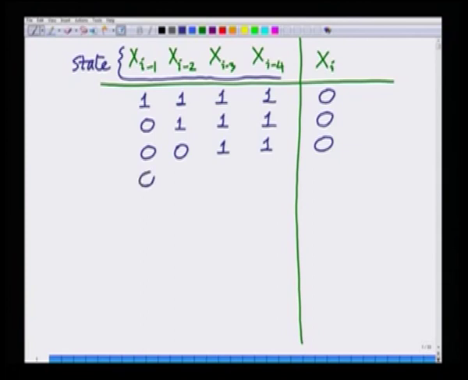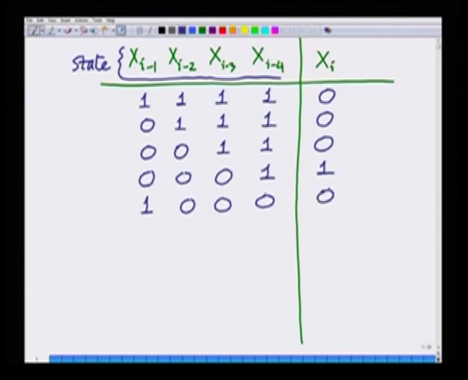The next state is 0, 0, 0, 1, and xi is now 1 XOR with 0. So, xi is 1. The next state is 1, 0, 0, 0, and xi is 0.